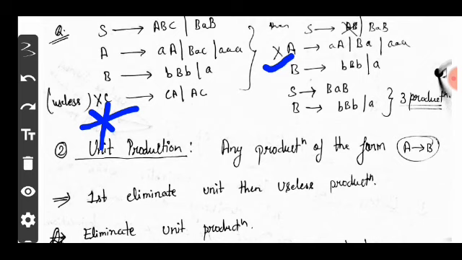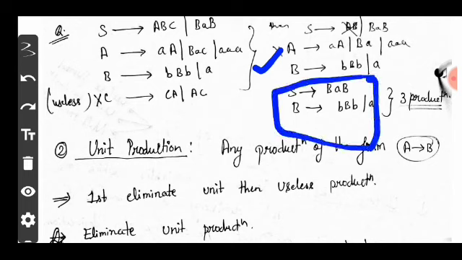Now here after eliminating the useless symbol in the production like A, we got this production. It is your final grammar. Here S produce BA, B produce BB and a. So here only 3 productions are required.